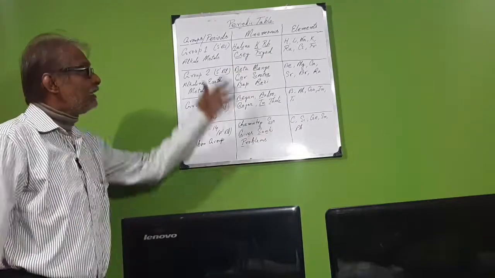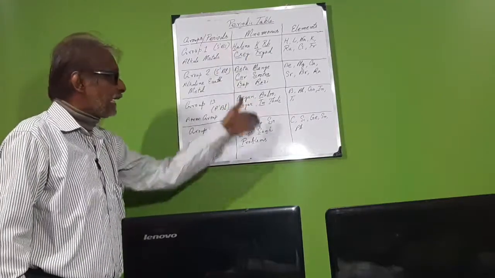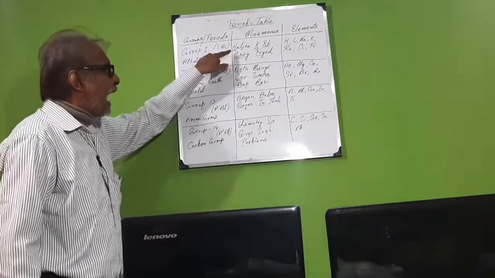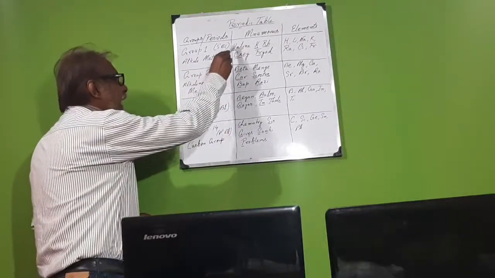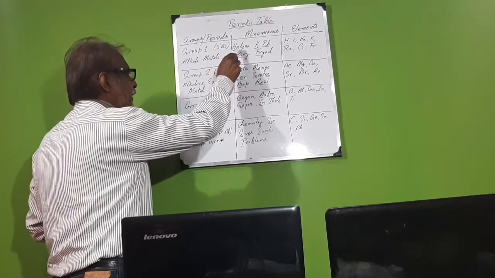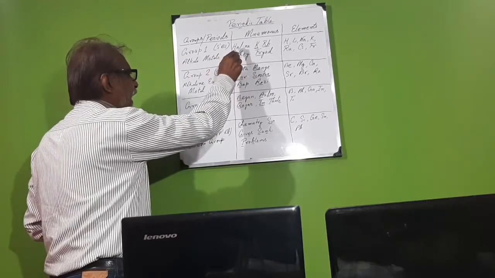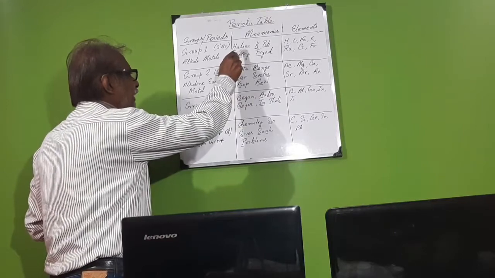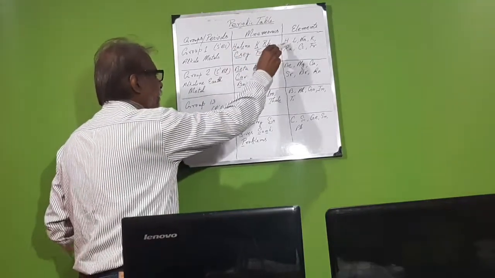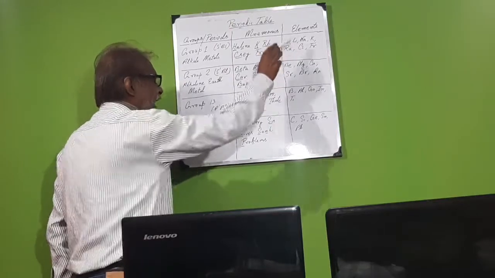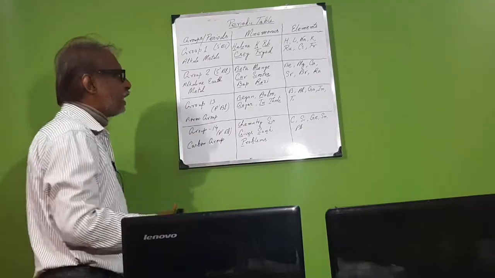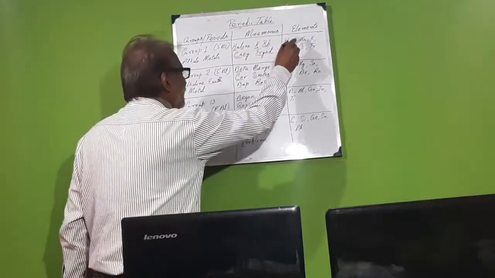In the second column, the mnemonic is to be used. I'm pointing out the short underline under the H, and under the L, I. The first one is H; in the third column, elements, H means hydrogen. The second one is lithium.